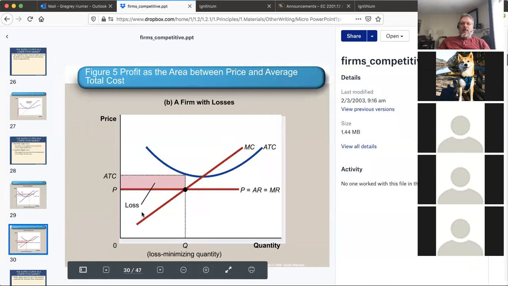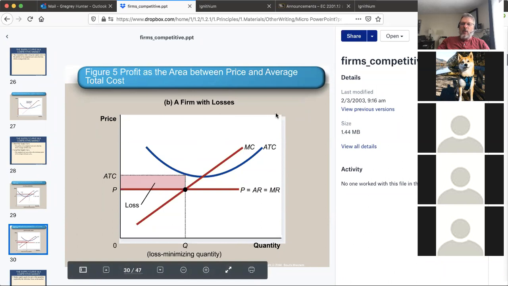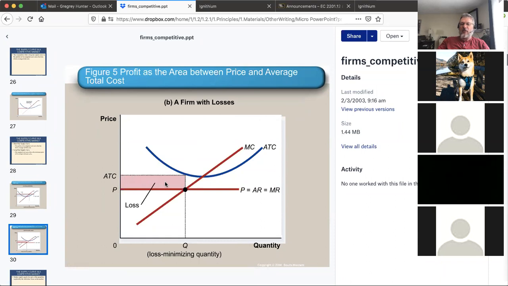Now, it's also possible, and what they're showing you in this diagram is, remember that if the firm is making negative profits, we call that a loss. If average total cost was greater than the price, then that area would correspond to the amount of the loss that the firm was making.